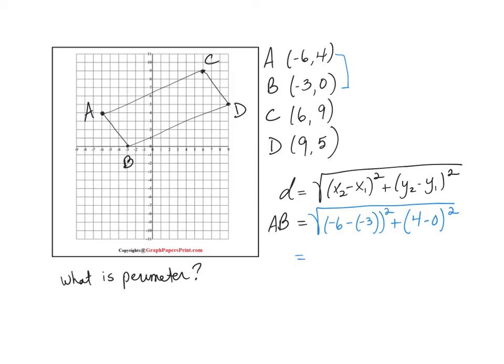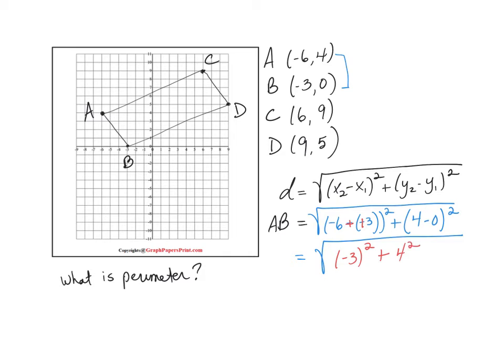So after plugging in my x and y values, I'm going to subtract. Remember that when we subtract a negative, we keep the -6, change the subtraction sign to an addition sign, and flip that -3 to a +3. So -6 plus 3 gives me -3 squared, and 4 minus 0 is 4 squared.